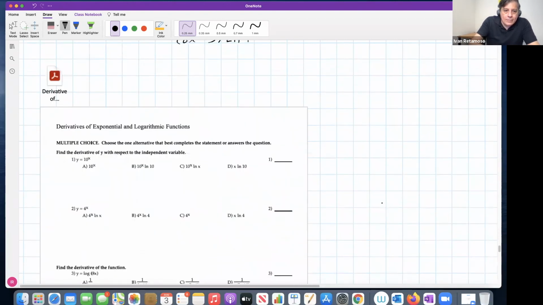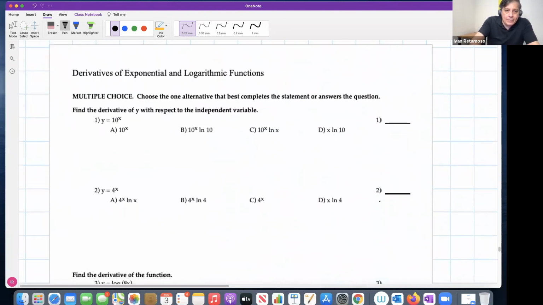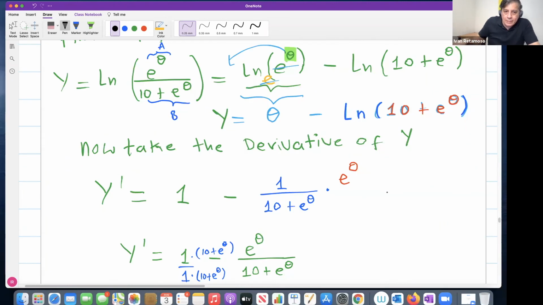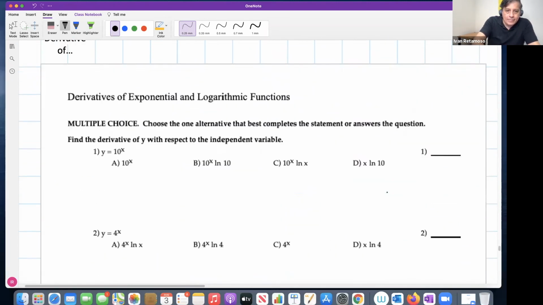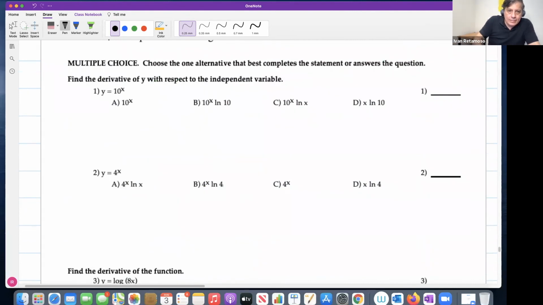So let's try to go over this worksheet then. Can you try the first one, number 1? I will give you time here. This is y equals 10 to the x. Find the derivative of this.